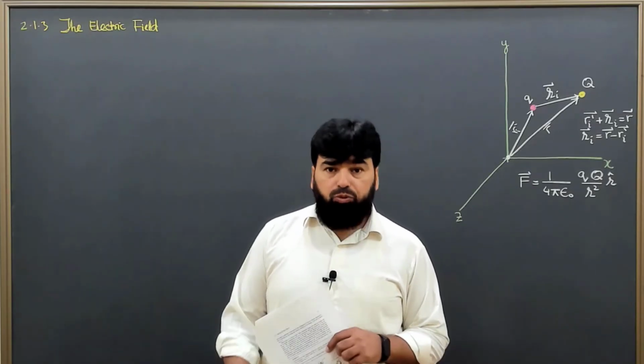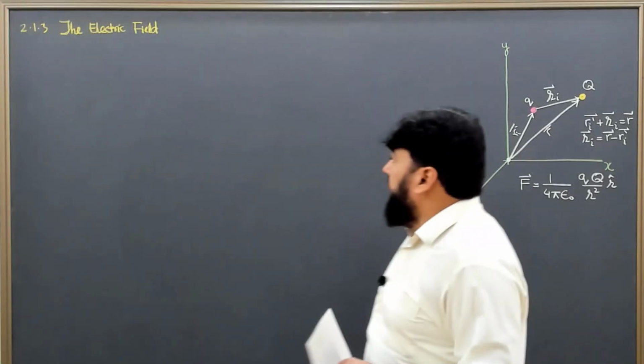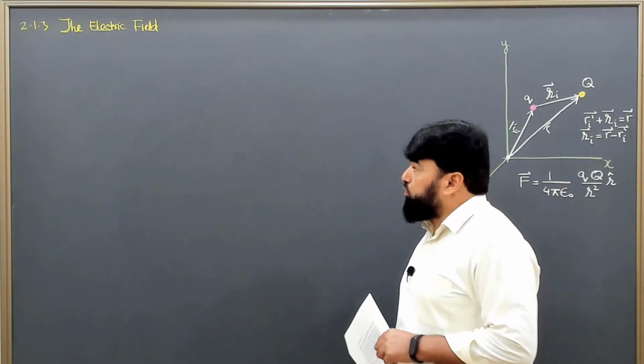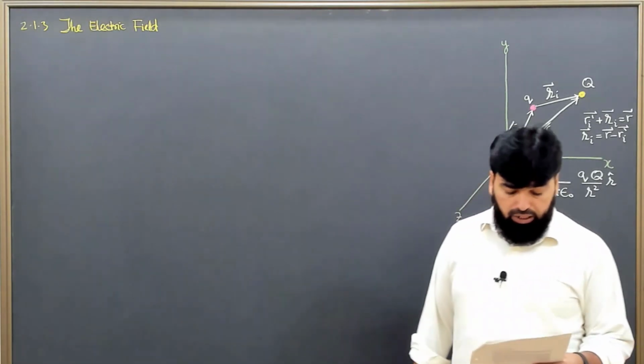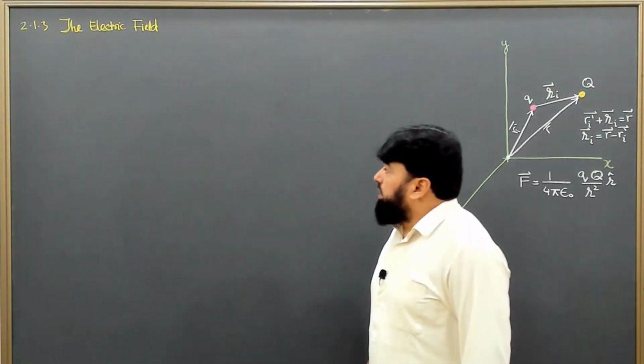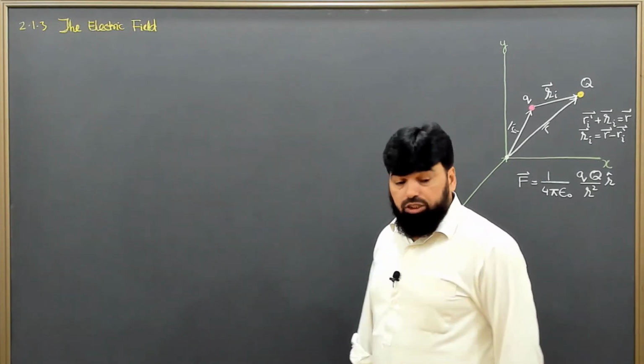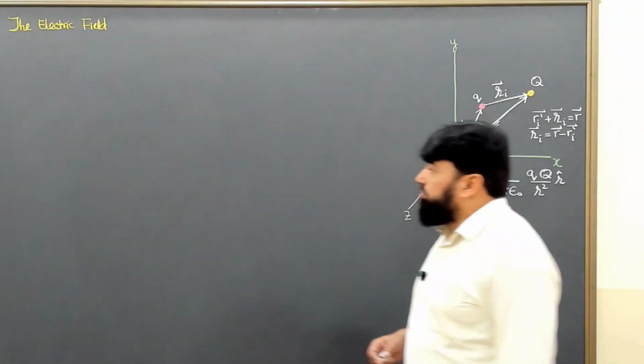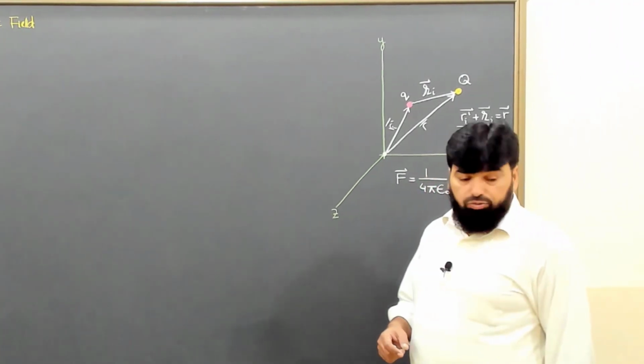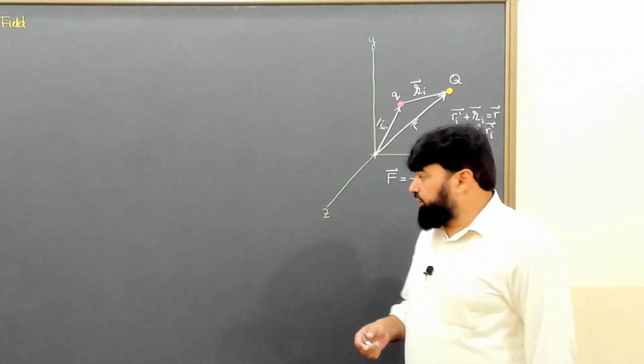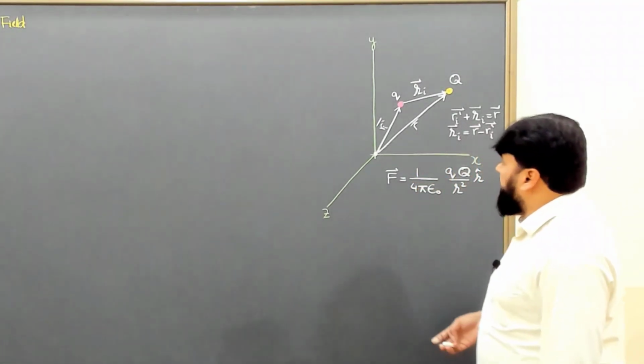In this lecture, we will discuss the electric field, which is section 2.1.3 in Griffiths. This section we are covering after the Coulombic force, the Coulombic interaction between charges.